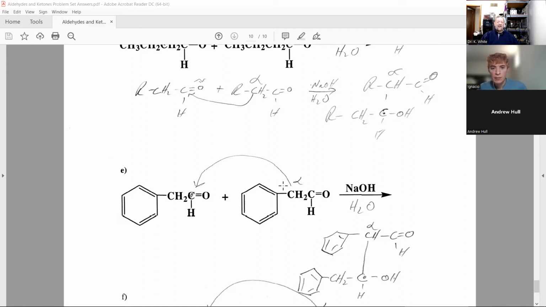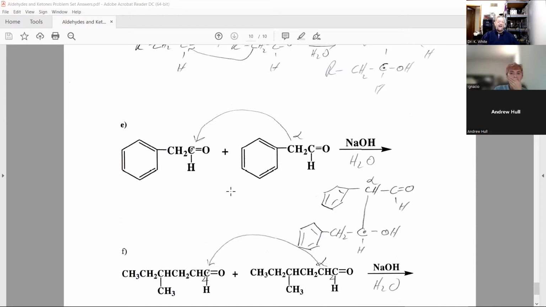And that forms a carbon-carbon single bond. And it's called the aldol condensation. When it does that, the carbonyl carbon of the second aldehyde becomes an alcohol. So if we look at E, what's R? A benzene ring.